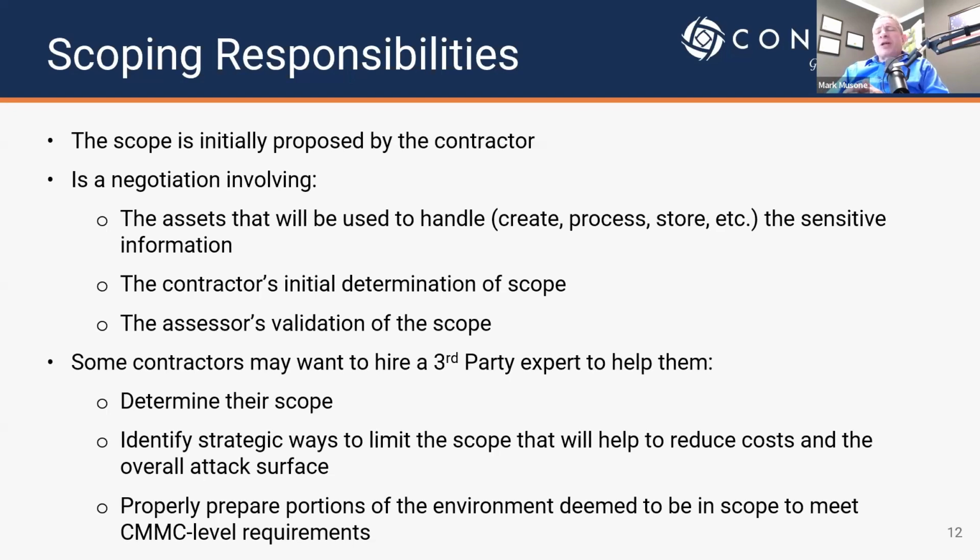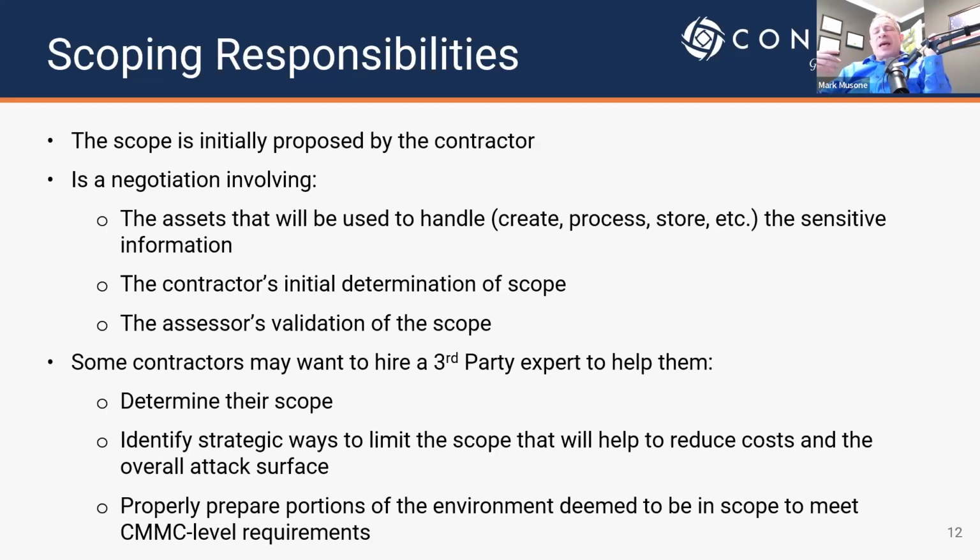Because of that, some contractors may want to hire a third-party expert to help them determine that scope, where that box is again extremely critical, and also to identify strategic ways to limit the scope, which helps reduce costs and the overall attack surface.